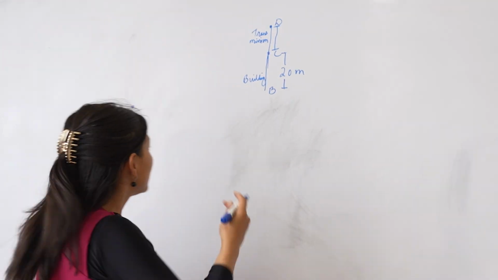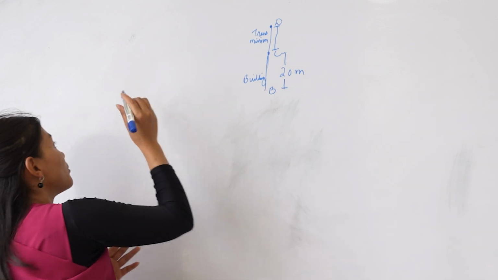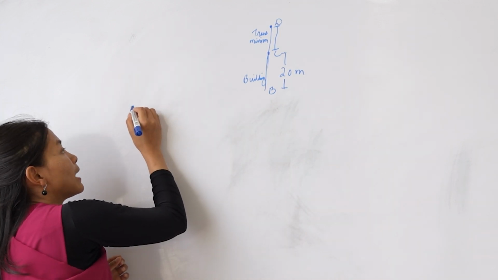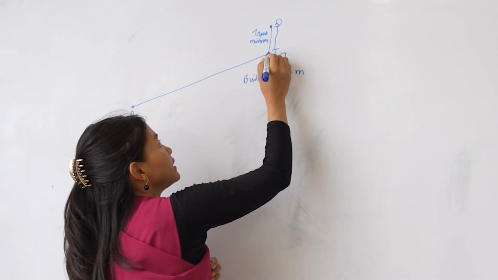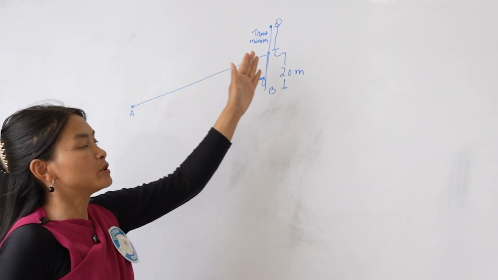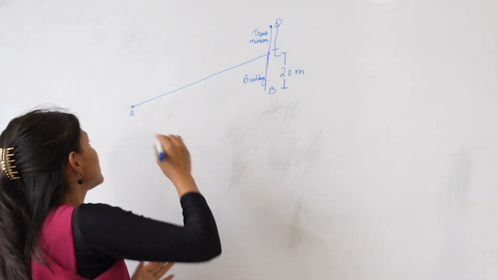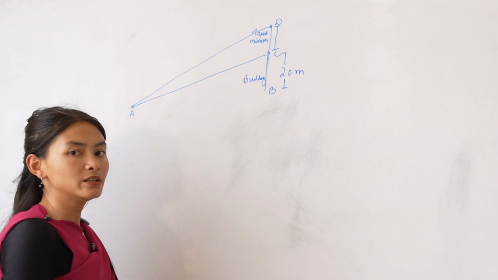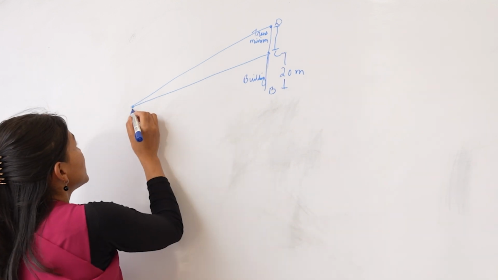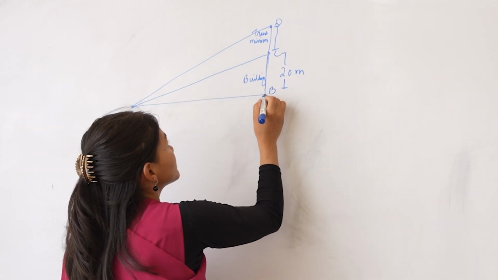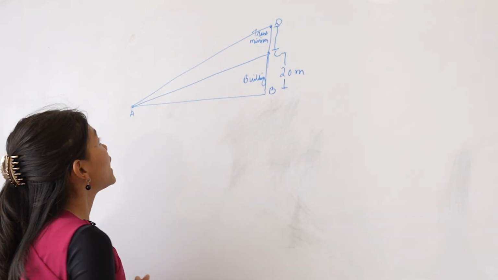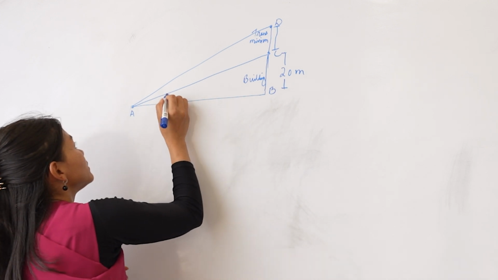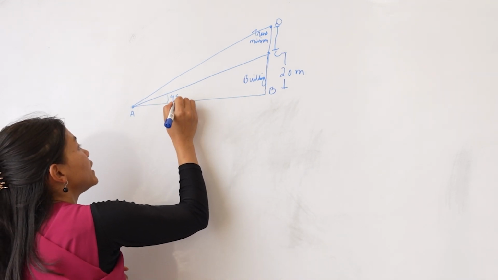From a point on the ground, we look to the bottom of the transmission tower as well as to the top of the transmission tower. The angles are 45 and 60 degree.